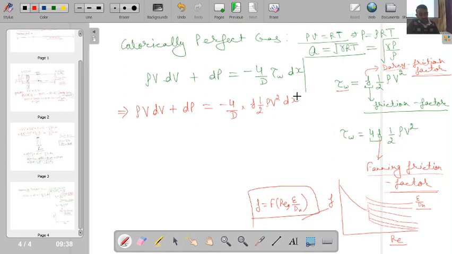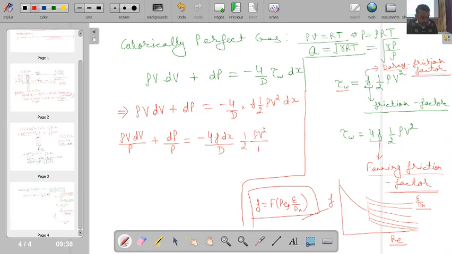Now let's do one more thing. Let's divide this complete equation by pressure. If I divide this equation by pressure, I will get rho v dv by P plus dP by P equal to minus 4F dx by d times half of rho v square by P. Okay.